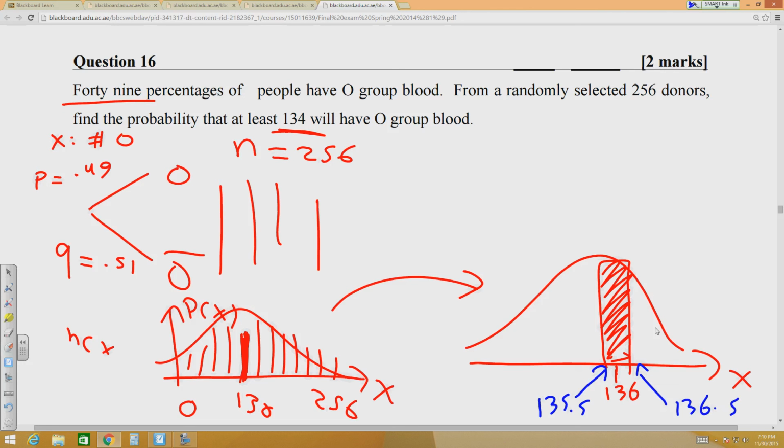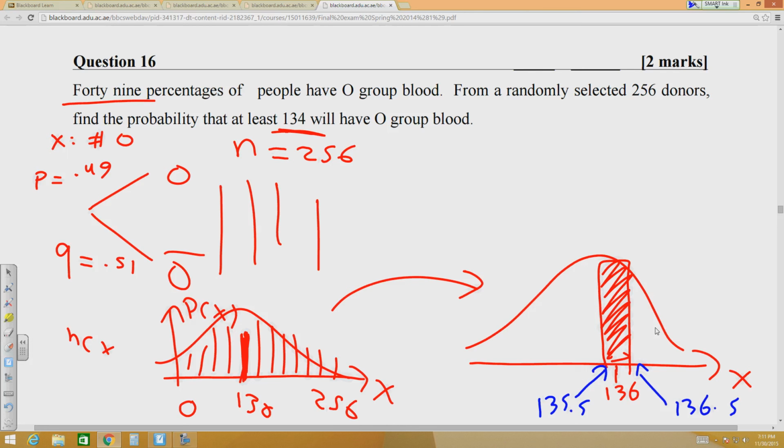You're just adding half, subtracting half to get the boundary of the value, and this way you're forming an area under the normal curve. This will give you the probability. So if you calculate the probability exactly, suppose you have a supercomputer to calculate it, and you also calculate the area under the normal curve, they'll be very close.